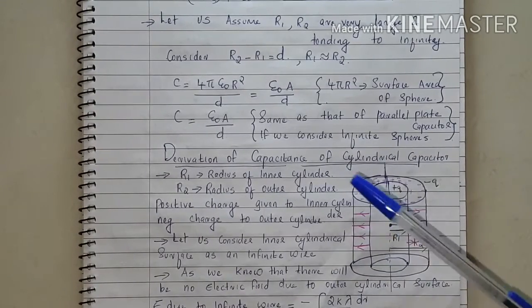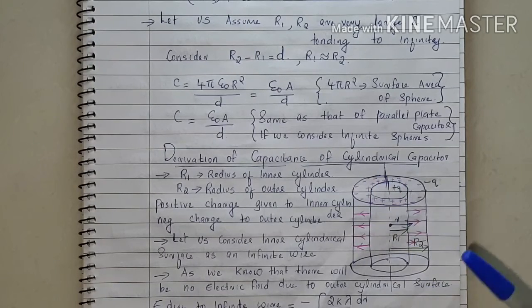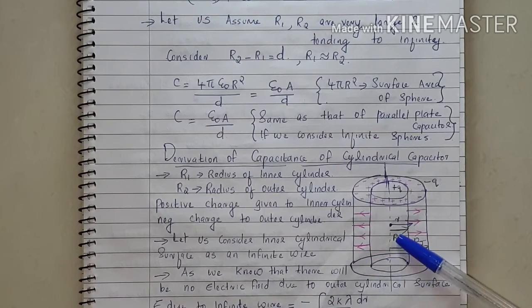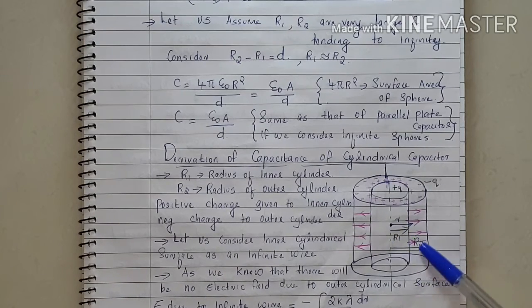Next is all about the third type of capacitor, that is the cylindrical capacitor. Let us consider two cylinders, the inner cylinder and the outer cylinder, with R1 as the radius of the inner cylinder and R2 as the radius of the outer cylinder.